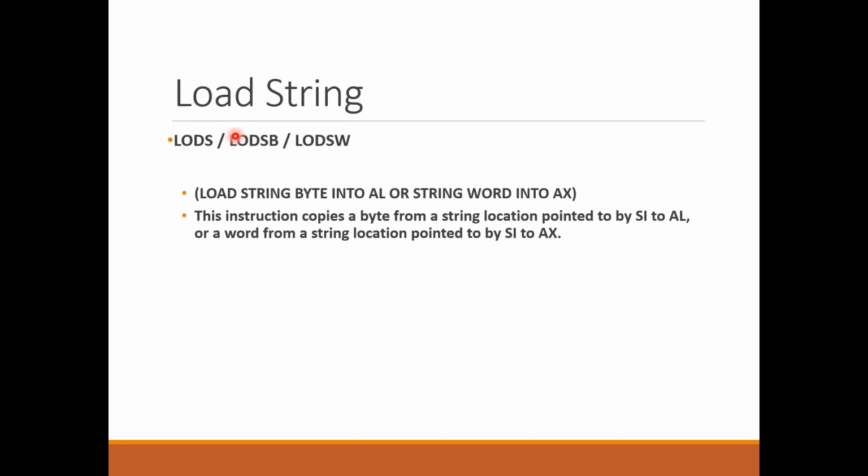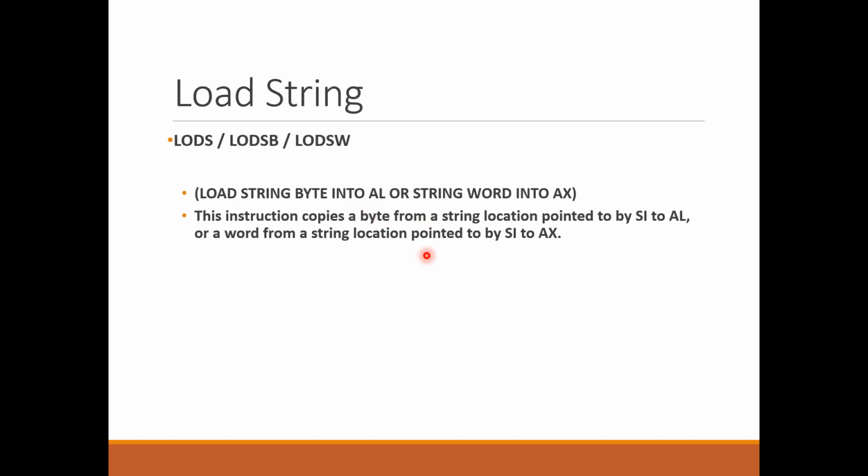And the load string, so we can say load string in byte or load string in word. What is going to happen, it loads a string byte into AL or loads a string word into AX. It just copies the data from the memory location to the AX register. If it is a word, it's going to be copied to the AX. If it is a byte, it's going to be copied to the AL.